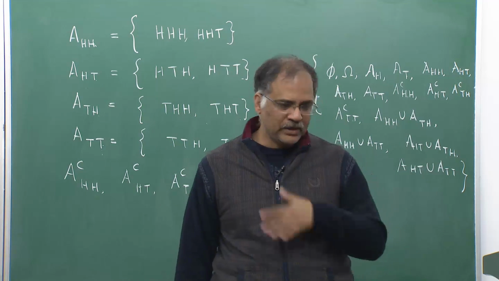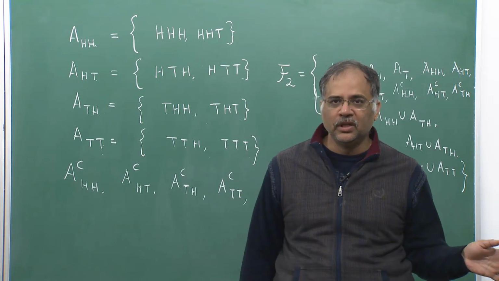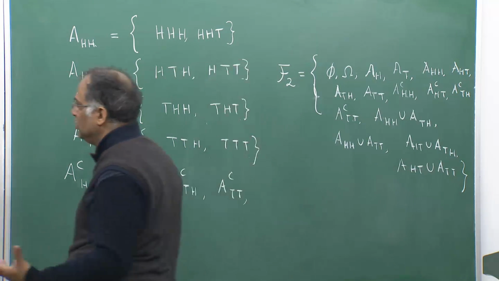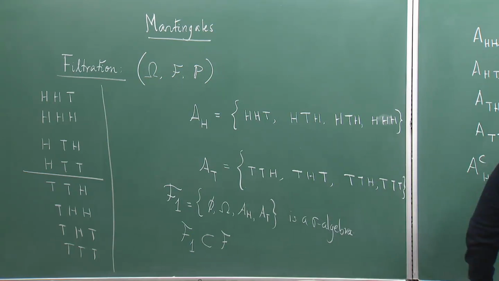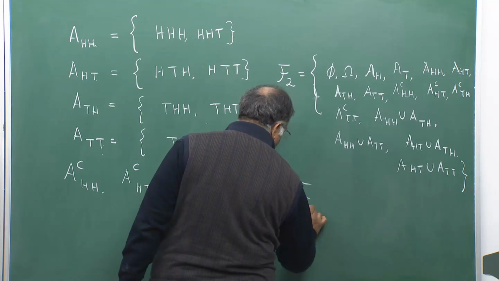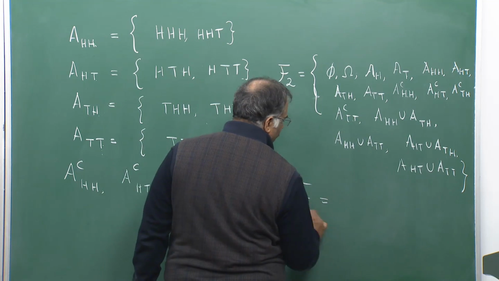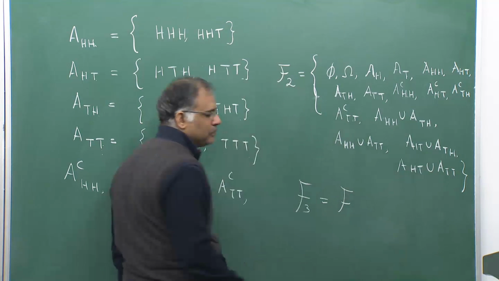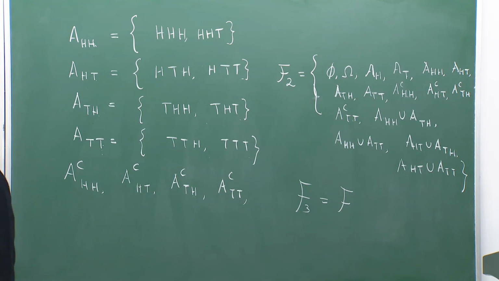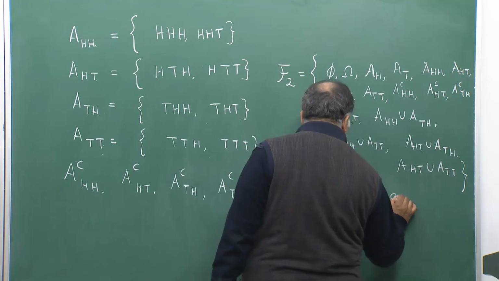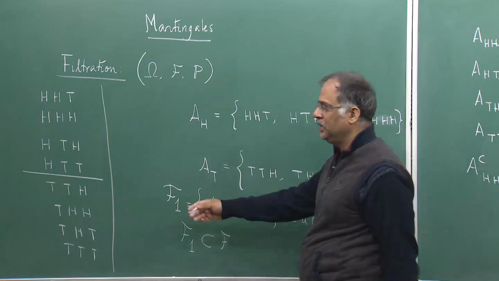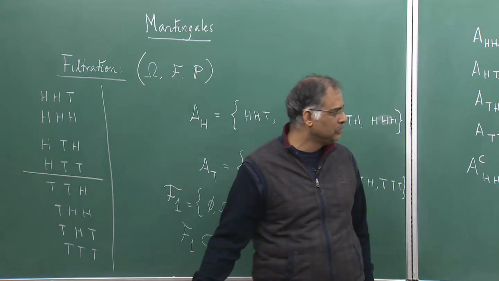All is known means F3 means I know all possibilities. So, I basically know the whole sigma algebra F. If all the coin tosses are known, then F3 is nothing but F, and that will have 256 possibilities, 2 to the power 8 combinations, because there are 8 possible elements in the sigma algebra.